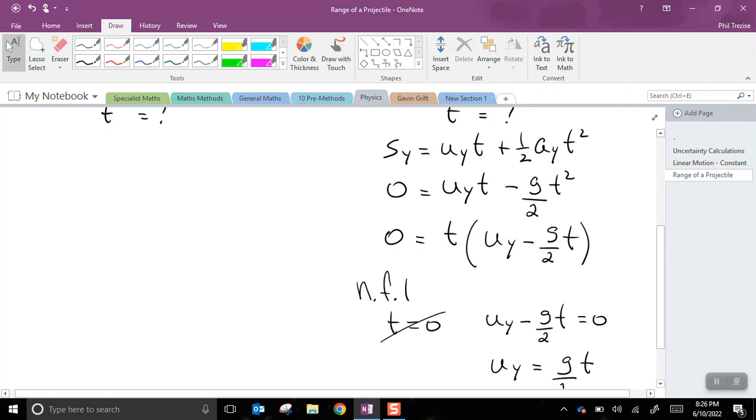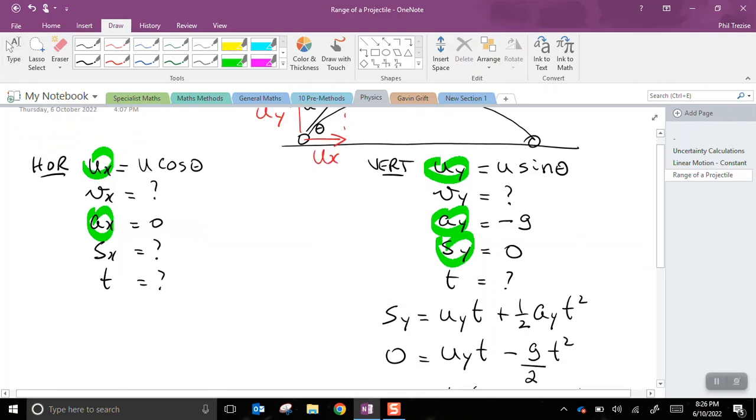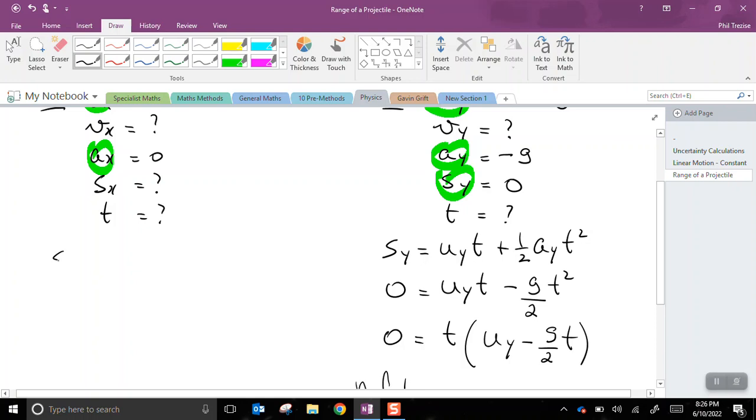Now, let's come over to the horizontal part. So horizontally speaking, I'm interested in the range of the projectile. So I'll use the same formula. Now, this is 0 because the horizontal acceleration is 0.